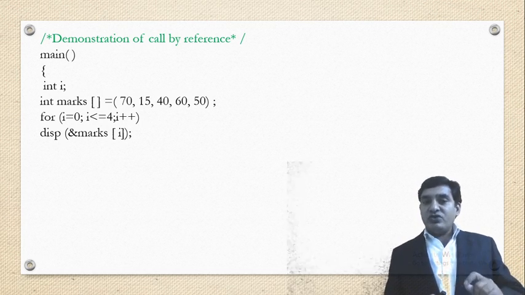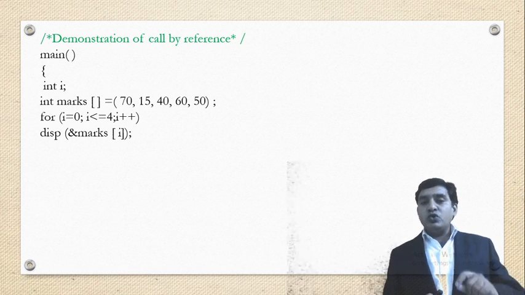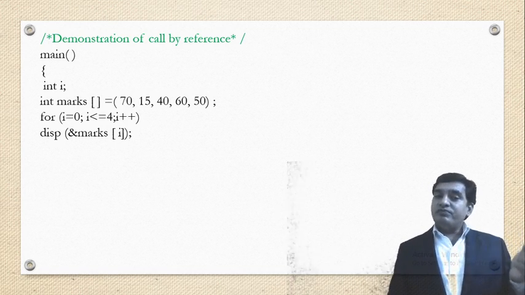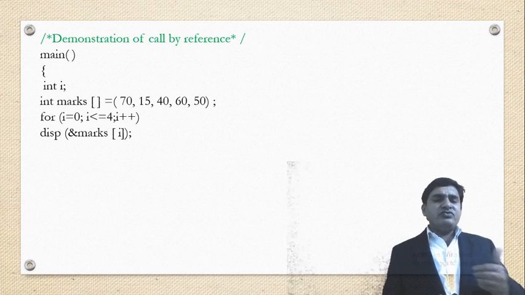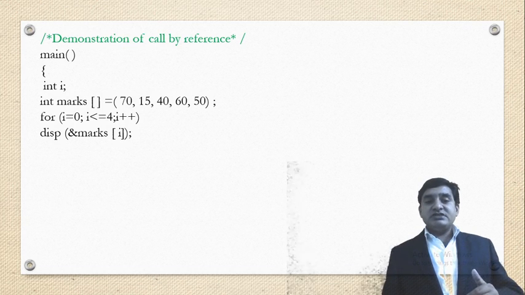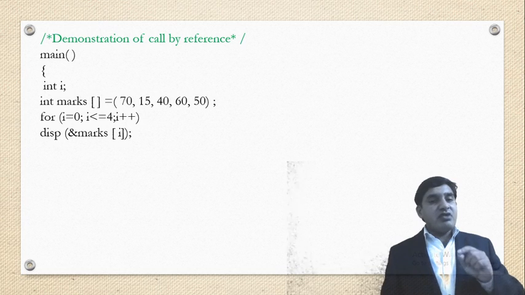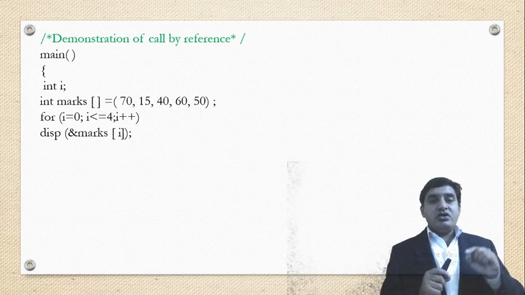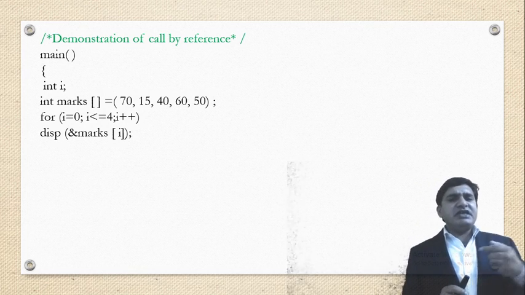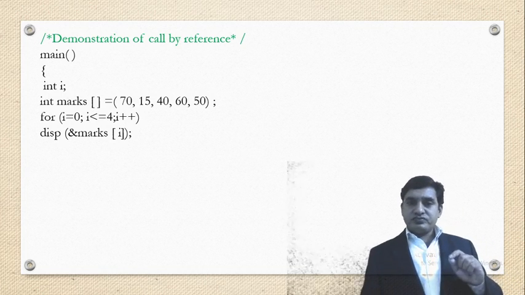So marks 0 is 70, marks 1 is 15, marks 2 is 40, marks 3 is 60, marks 4 is 50. So we use a for loop to display marks i, meaning marks 0, marks 1, and so on. The for loop is executed up to i less than or equal to 4.